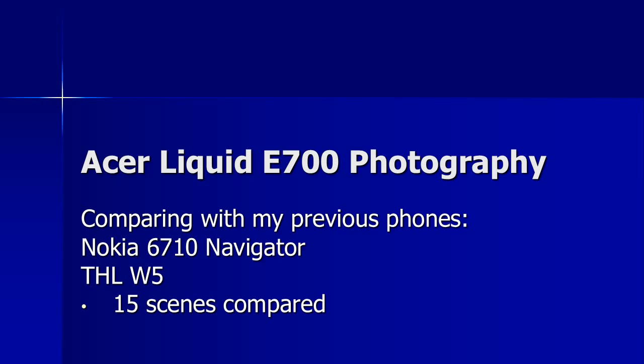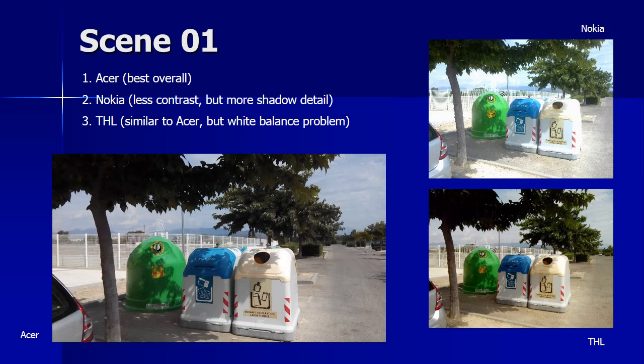Alright, so let's dive into the test shots that I've taken with the 3 camera phones. These first 7 scenes I used the 16:9 aspect ratio for the Acer, the big photo on the left is always the Acer, and the 4:3 on the Nokia and the THL.